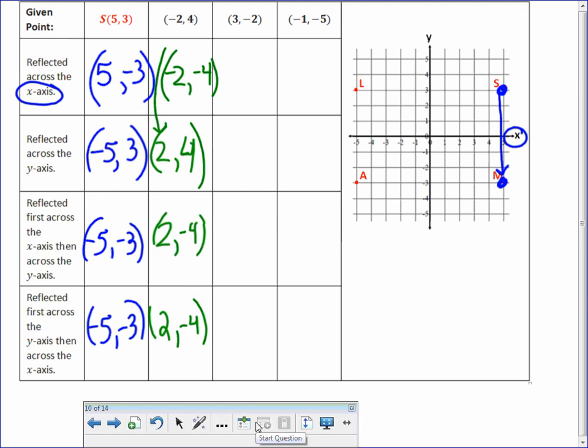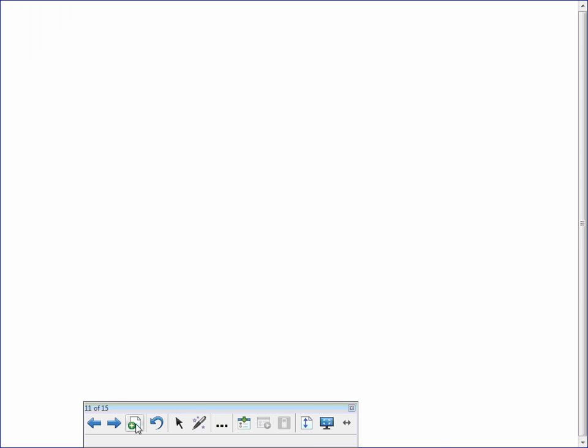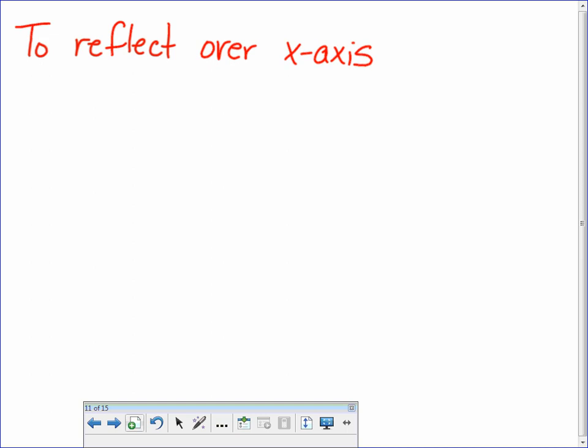Maybe this will help. To reflect over the x-axis, I hope you're writing this down on your notes somewhere.